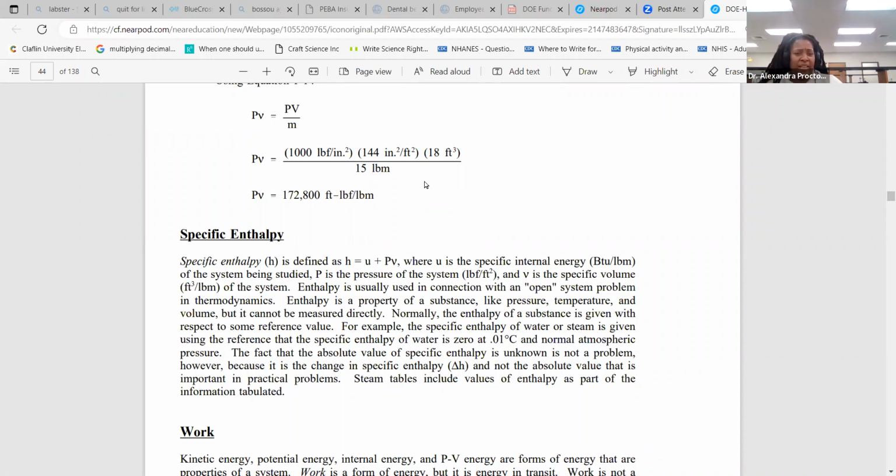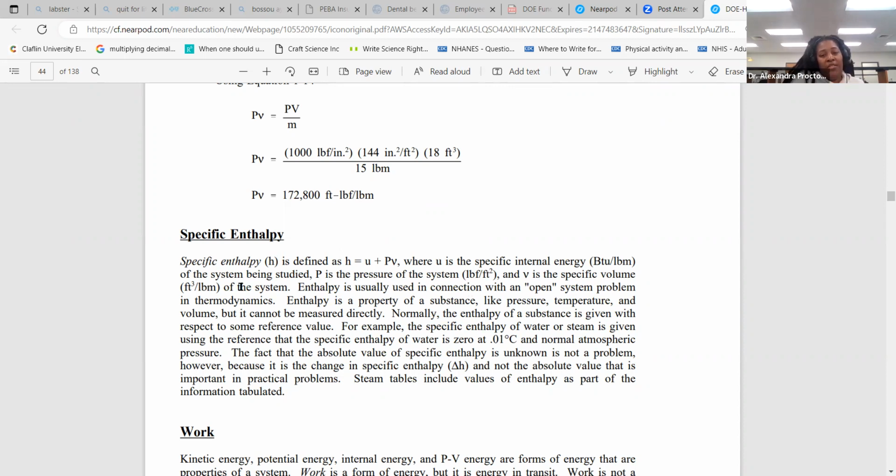So specific enthalpy is defined as lowercase h equal to U plus PV, where U is the specific internal energy in BTU per pound mass of the system you're studying. P is the pressure of the system, in pounds force per foot squared. And v is the specific volume, in cubic feet per pound mass of the system.